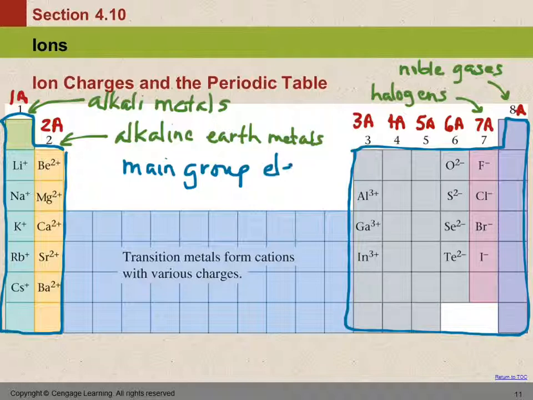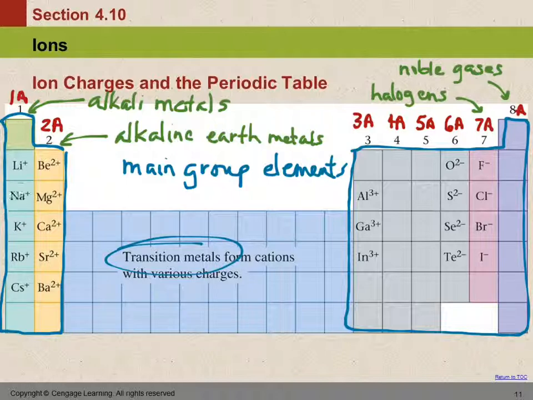And then these in here are called the transition metals. The main group are the sections that stick up above, and the transition elements, this block in here, looks like it kind of sunk down, like maybe there was a sinkhole.